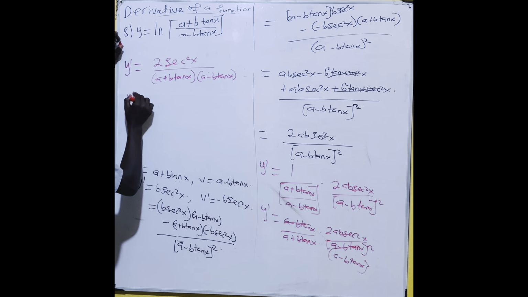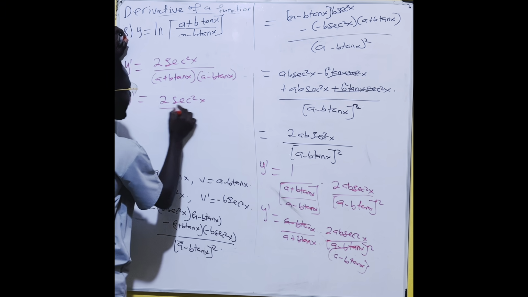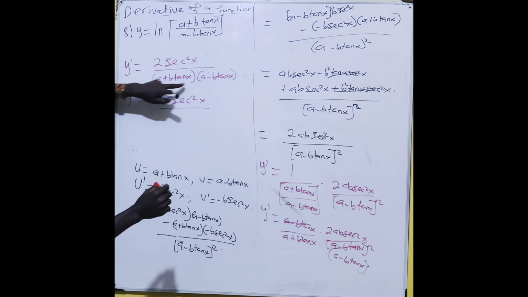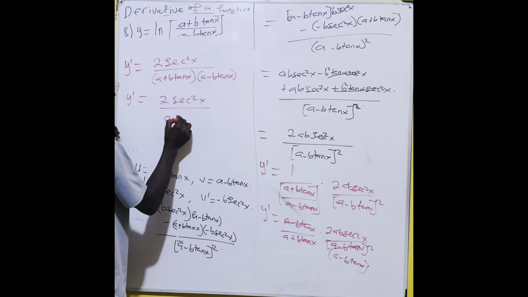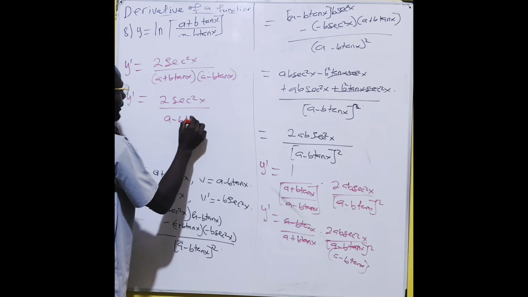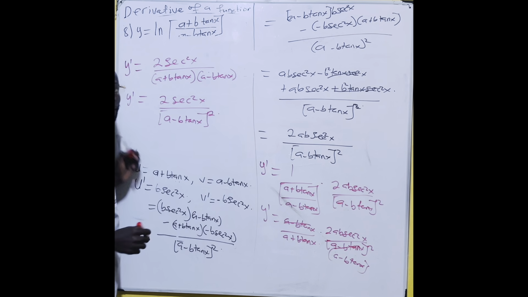So basically we're going to have this to be equal to 2 sec squared x divided by, this is difference of two squares, right? So we can say that we have a minus b tan x, squared.